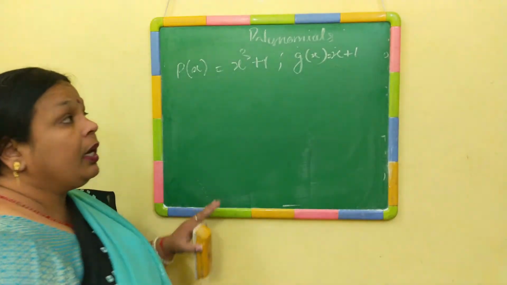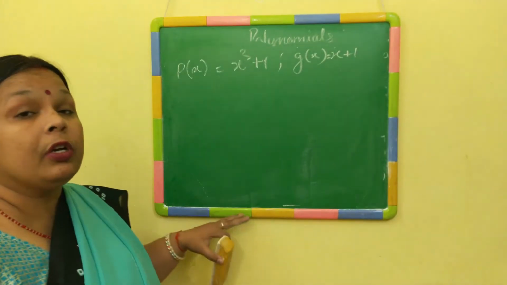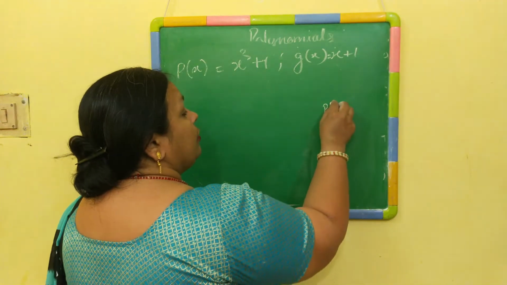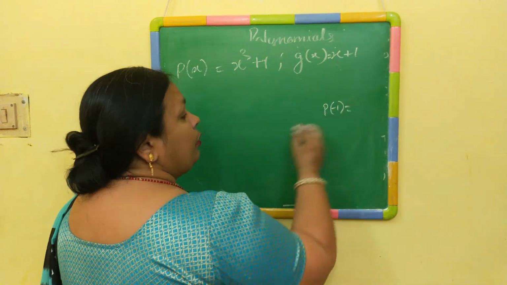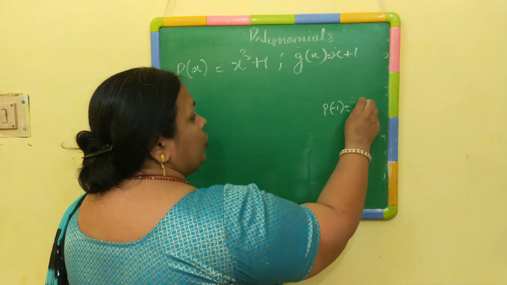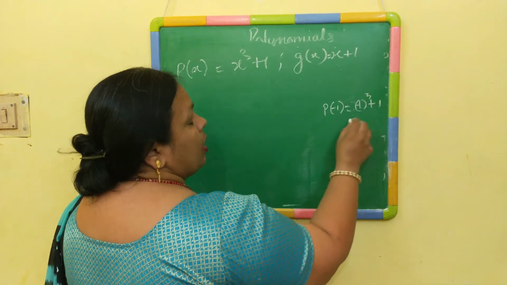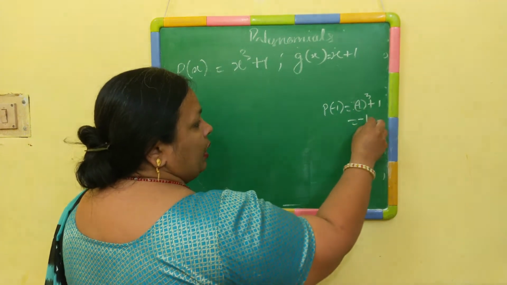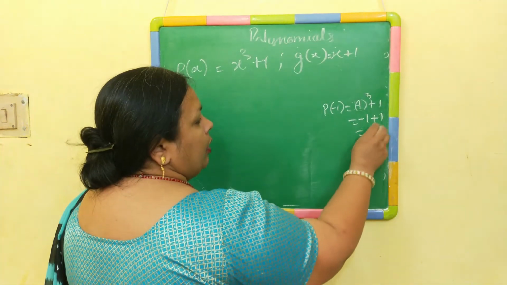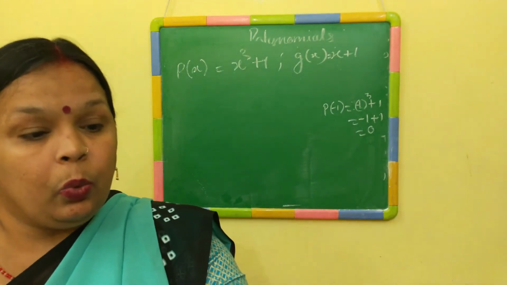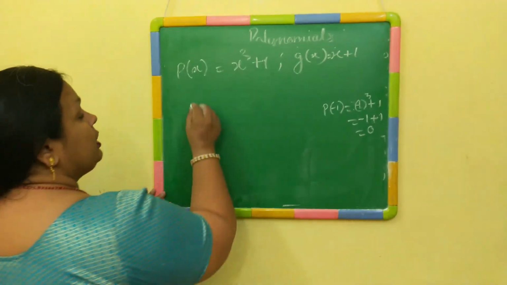Clear? Again, if it is x plus 1, in the shortcut method we will be substituting p(minus 1). So p(minus 1) is minus 1 cube plus 1. So minus 1 cube is minus 1 and plus 1 will give you 0.